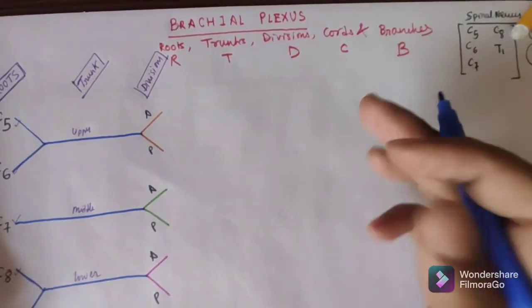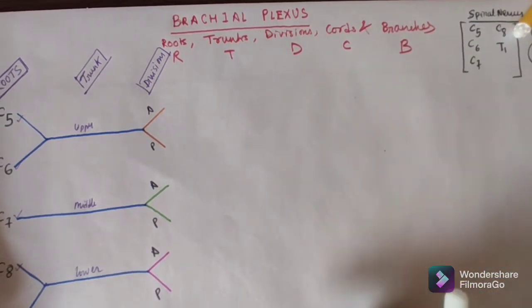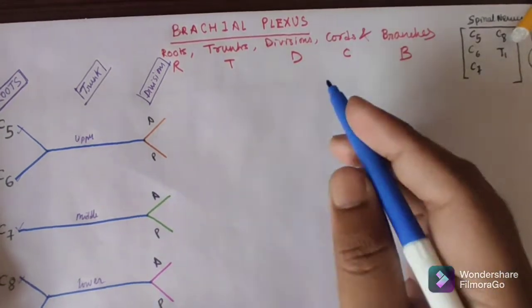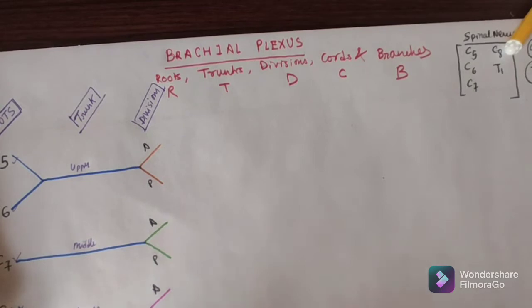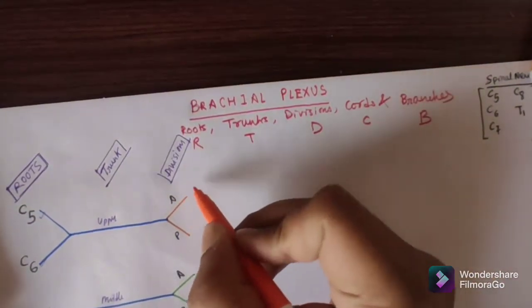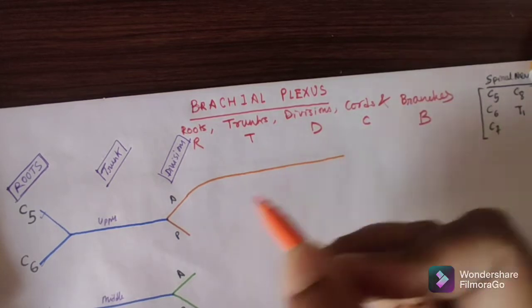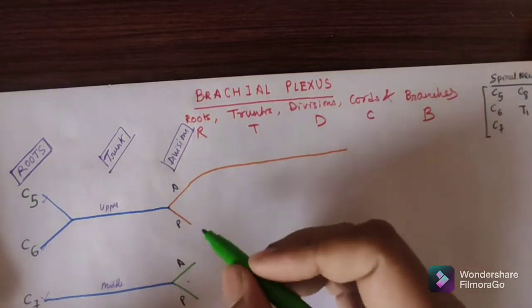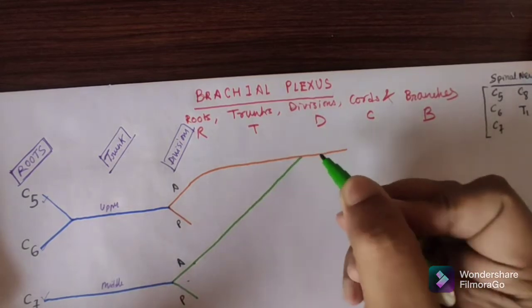There are three cords: the lateral cord, the medial cord and the posterior cord. Let's talk about the lateral cord. The lateral cord will be formed by the anterior division of the upper trunk along with the anterior division of the middle trunk.